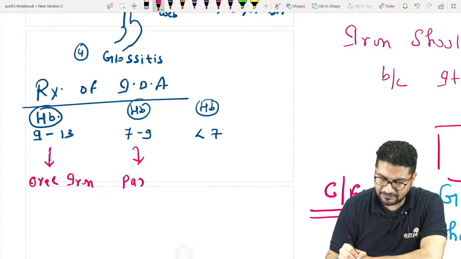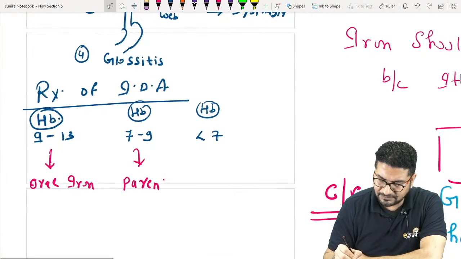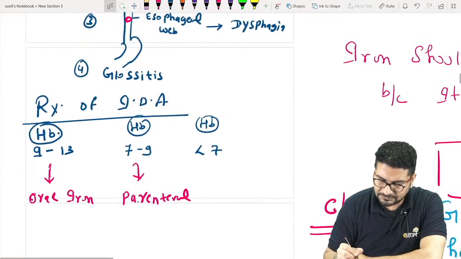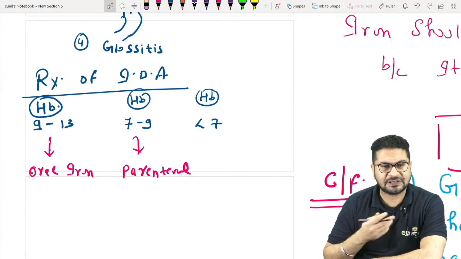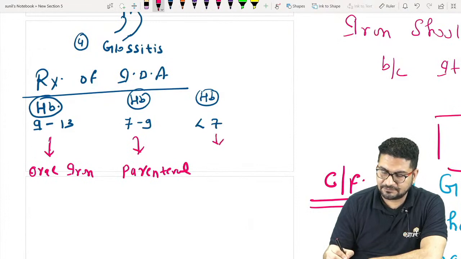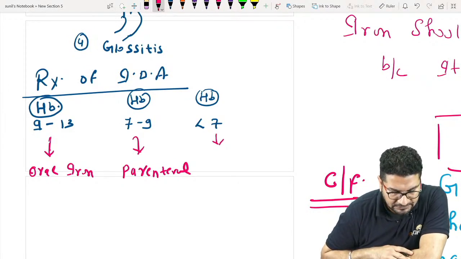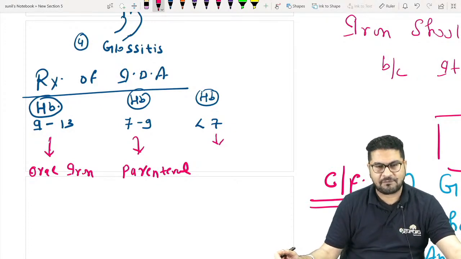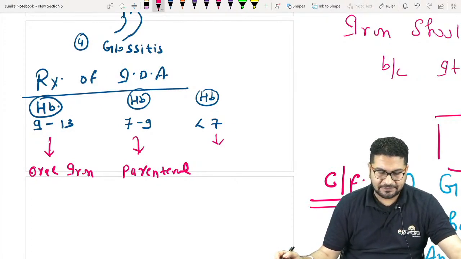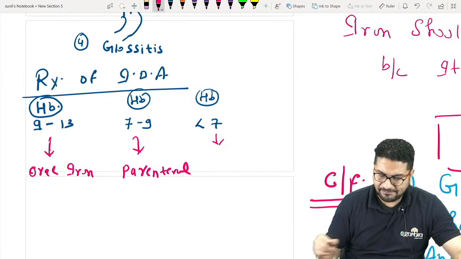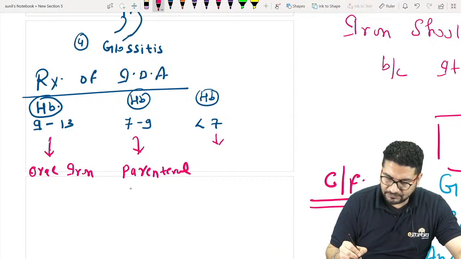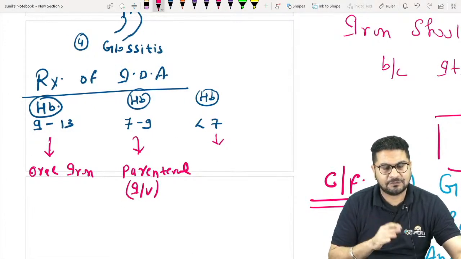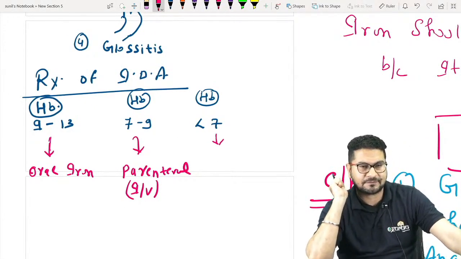Parenteral means we can give iron in the form of IV or IM iron, injectable form. Less than 7, which iron will you give in which form? Try to answer, guys. Ravi, try to answer.